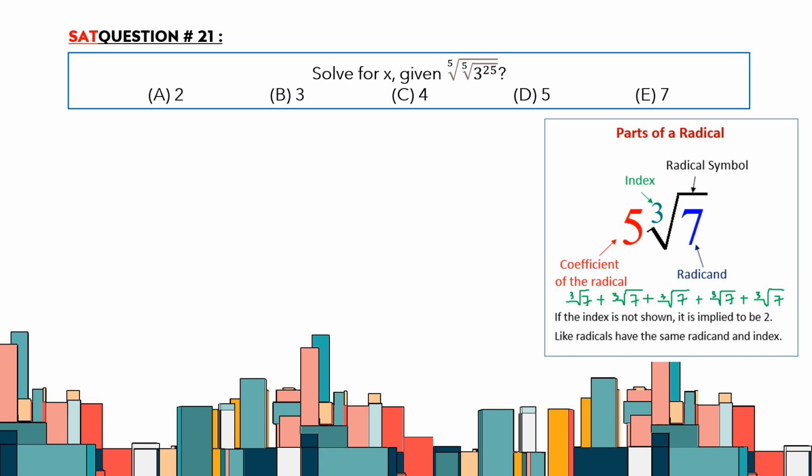Like in the last video, here is the same radicand and the same index, so they're the same term, so we can add them up, right? So we have 1, 2, 3, 4, and 5. That makes up 5 cube root of 7.